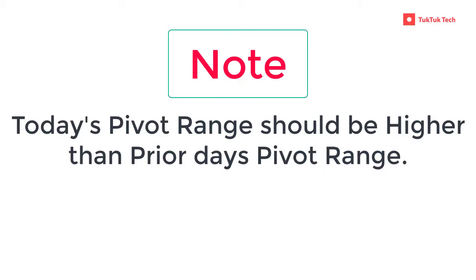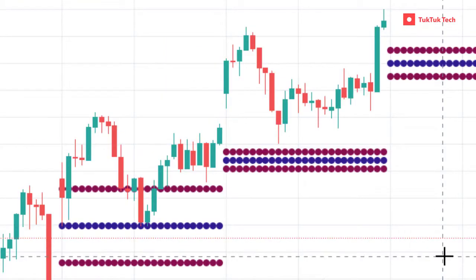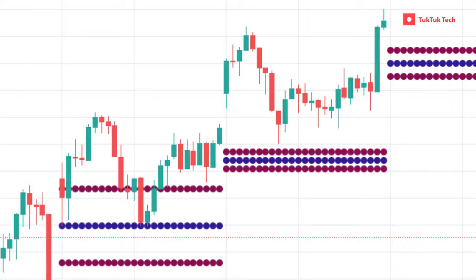Therefore, today's bottom central pivot point is higher than the top of the prior day's pivot range. Higher value relationship is the most bullish relationship of the 7 2-day combinations.